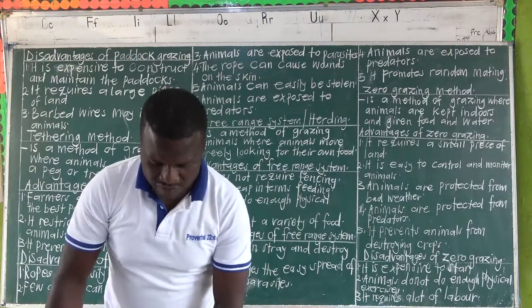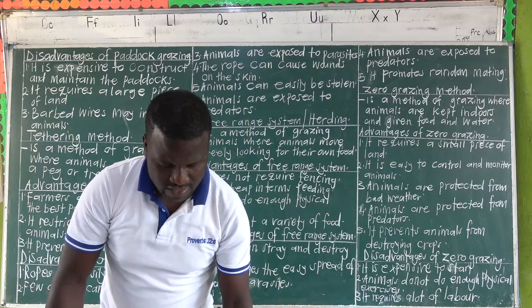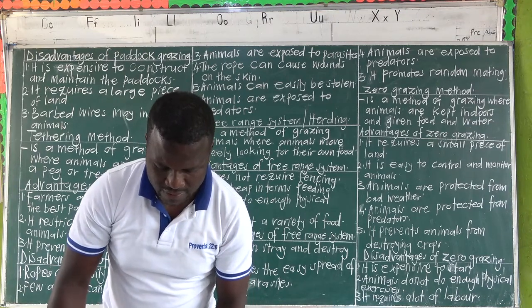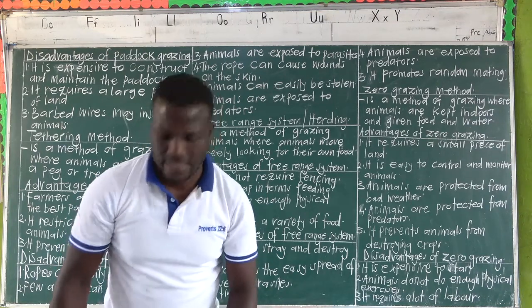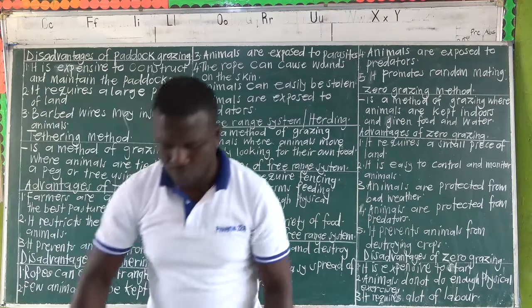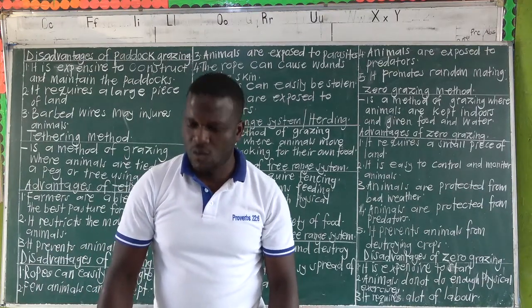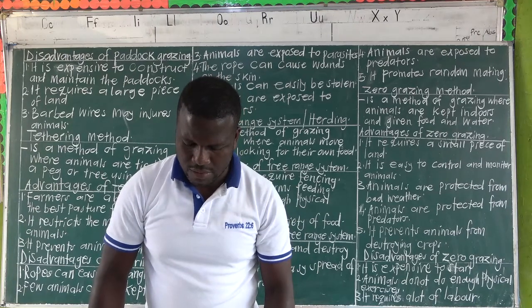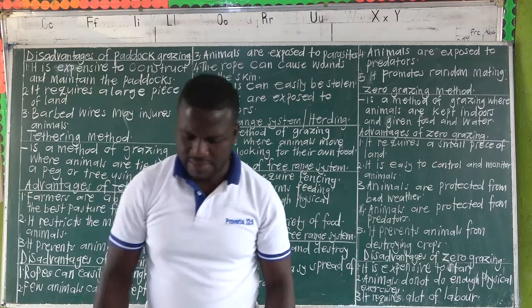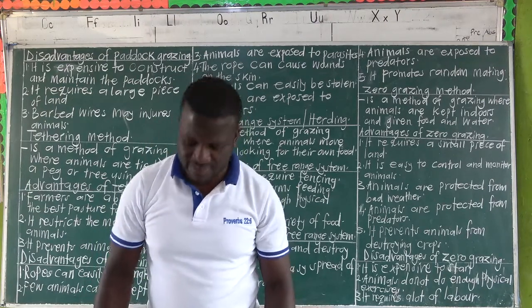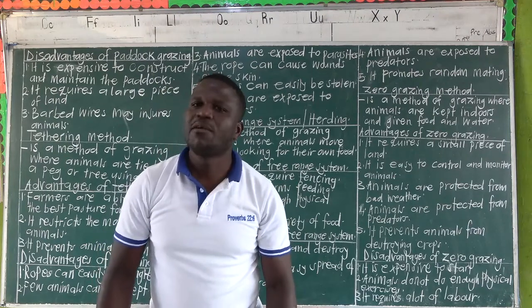So, those are the methods of grazing animals. In our next lesson, we shall look at practices that harm cattle in the field, in transit, and in the abattoir.